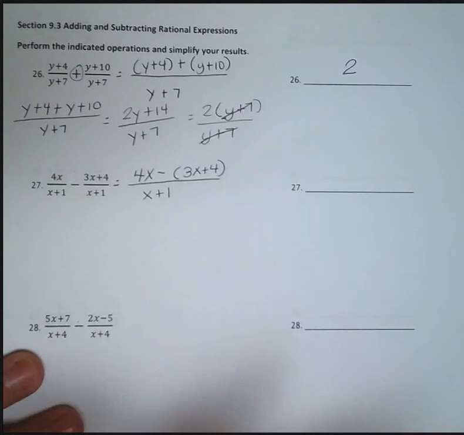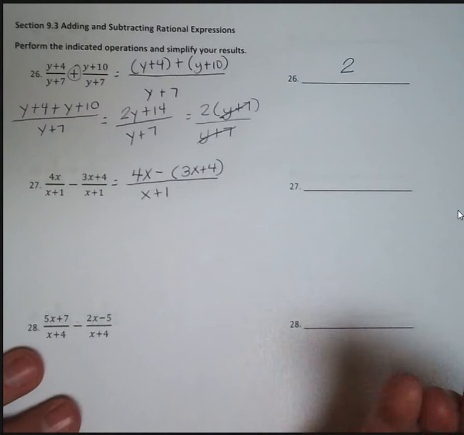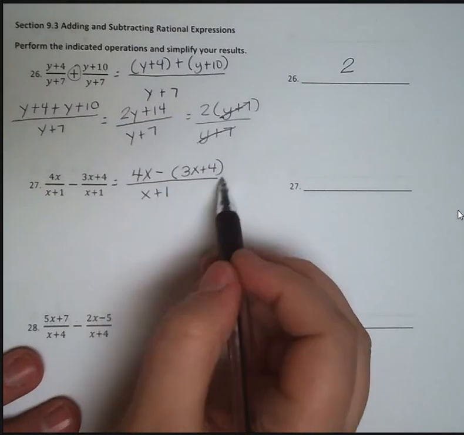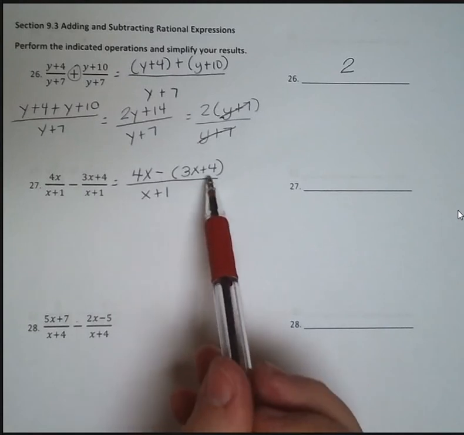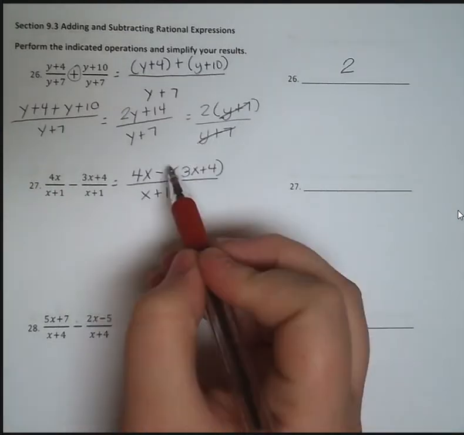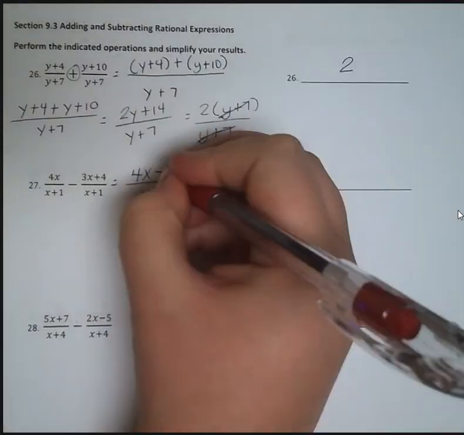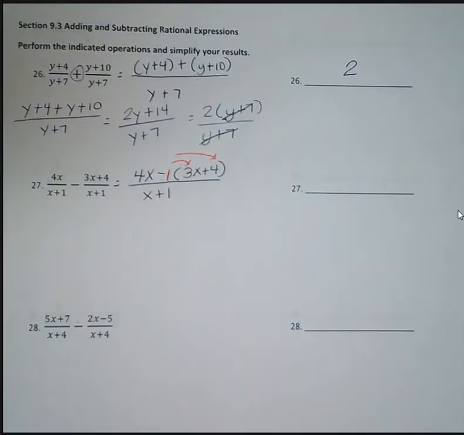Okay, so now I have to release this from that set of parentheses. So I have to say, can these 2 terms be combined? The answer is no. Is there anything multiplying out in front? The answer is yes, because it's a -1. So you have to distribute.